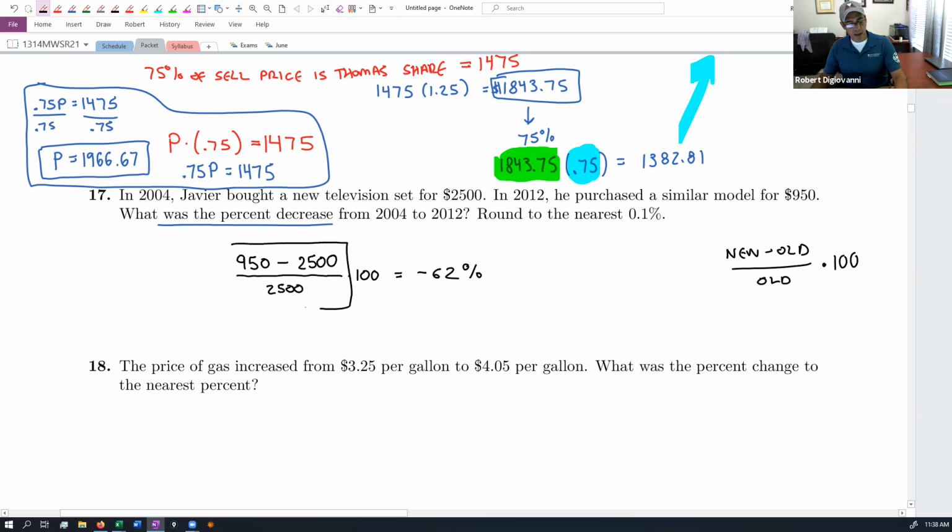I did all this on my calculator, and then after I did all that, I multiplied by 100. So when I did this, I got negative 0.62, and then I multiplied that times 100 and got negative 62. So that's a 62% decrease in price.